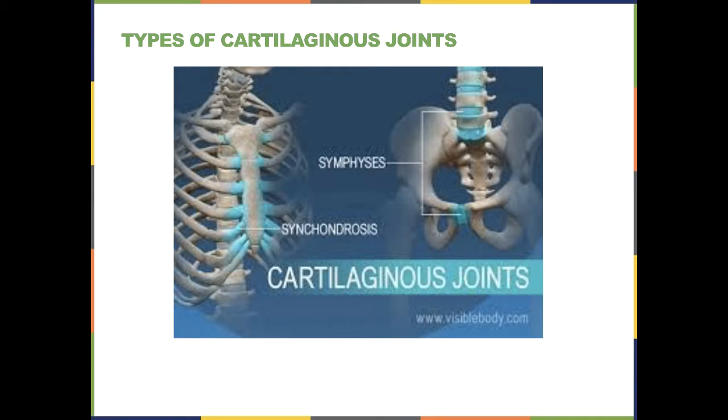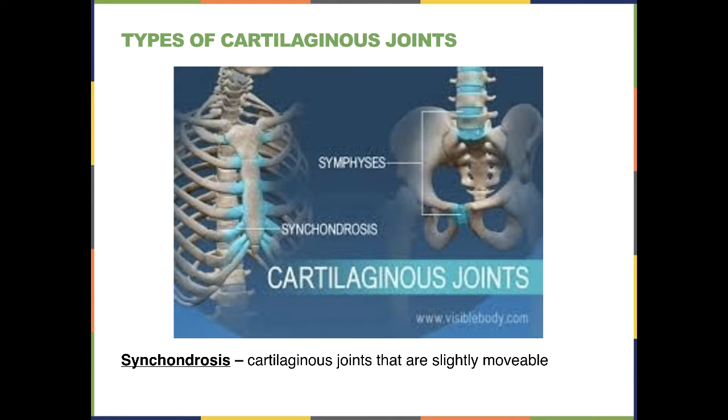Now, there are two types of cartilaginous joints shown in this picture. Remember, the difference between a fibrous joint and a cartilaginous joint is that a cartilaginous joint is joined together by cartilage as opposed to joined together by fibrous tissue. And the distinction between these types is also based on the amount of movement that occurs between the bones. On the left here, you have what's called a synchondrosis.